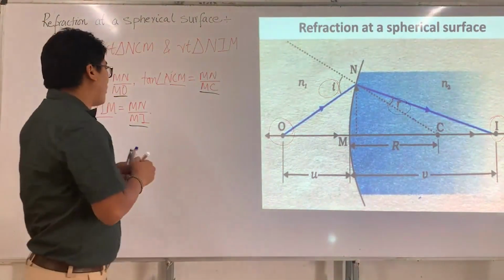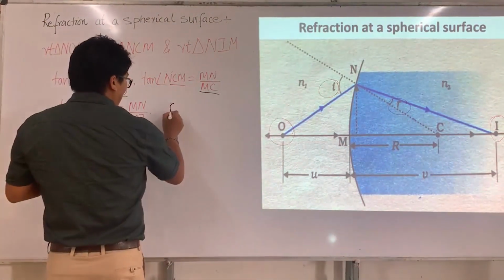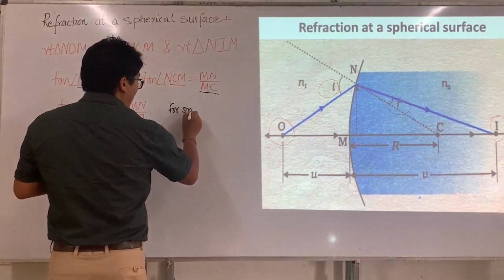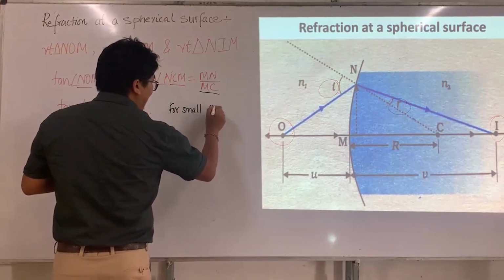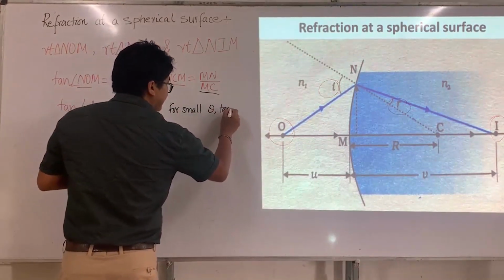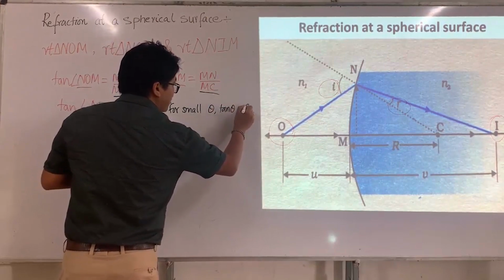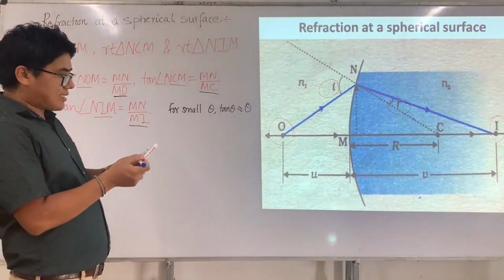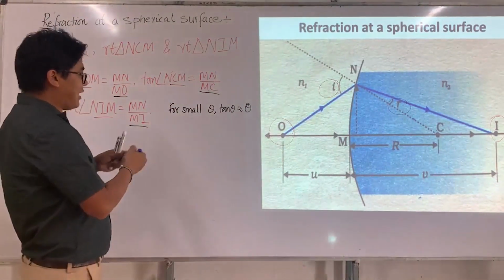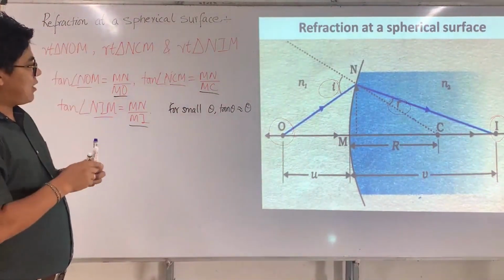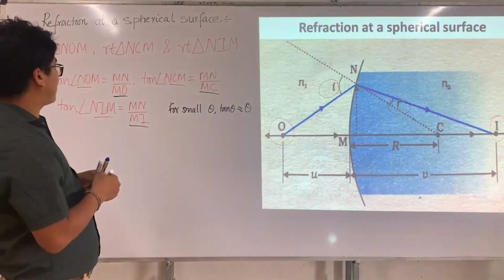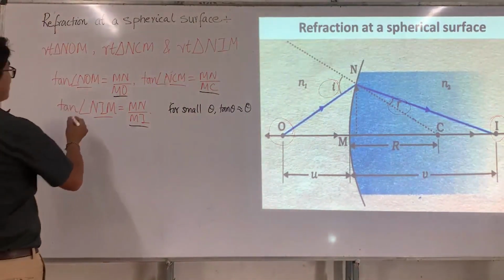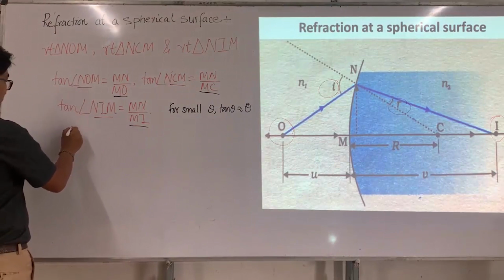If angles are very small, let's say theta, tan theta is almost equal to theta. This is what we have done maybe last time, or in a previous class, or maybe you studied in class 11, right? Now therefore what I can do here is, now what is that angle?